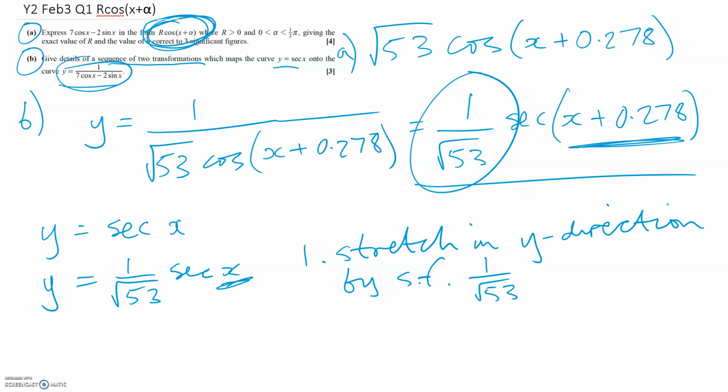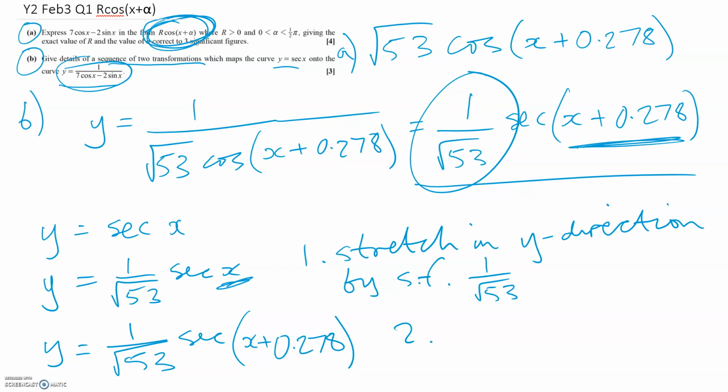So that's going to be a translation to the left by 0.278. So we now want to get this to look like this, x plus 0.278, and so our final transformation is a translation in the negative x direction, 0.278.